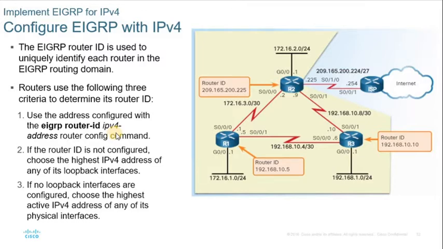Now, if a network administrator did not configure a router ID, routers within themselves will choose a certain value to be used as their router ID. In that case, it's going to be the highest IPv4 address configured on any of its loopback interfaces.